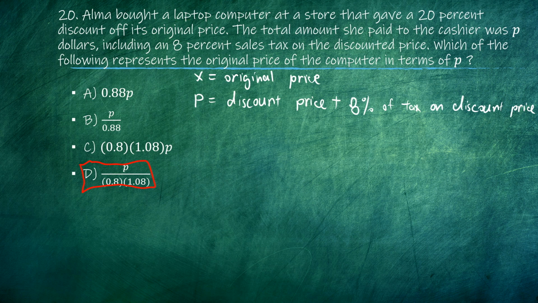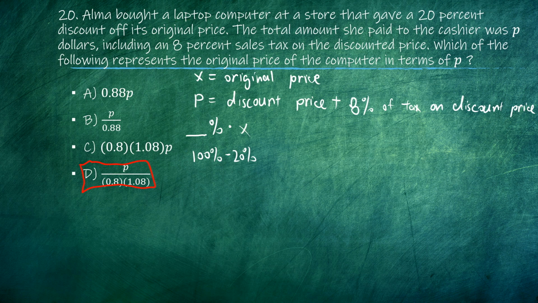In this question, whenever we have a percentage of a number, we can always write that as that percentage, and then multiply by that number, in this case x. We know that it's a 20% discount, so we can rewrite that as 100% minus 20%, right? Because it's a discount, so we subtract 20%. If it's a 20% markup, we can rewrite that as 100% plus 20%.